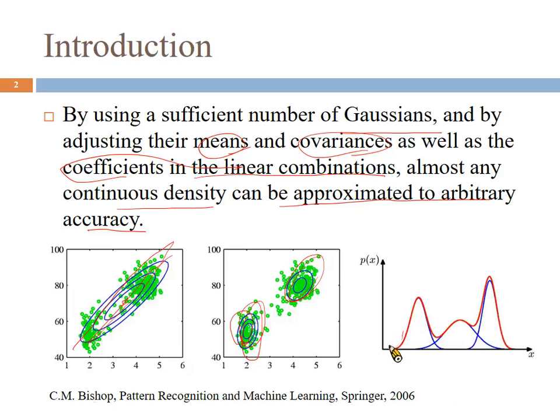So we can use three blue Gaussians with appropriate means and covariances as well as the linear coefficients to linearly combine these three Gaussians to approximate the red distribution. Okay, and this idea can be extended to high dimensional space, and that's the basic concept of the Gaussian mixture model.